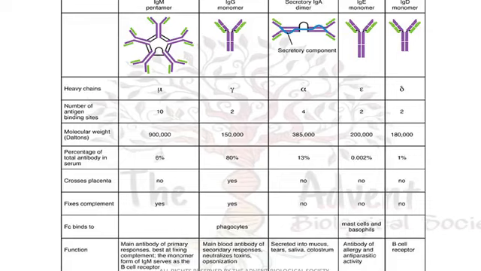So if you are asked how many CDRs are present in a single IgM molecule, you have to say the number is around 60. The options would be given in the form of 30, 40, 10. 10 would be there in an option, but the 10 is not correct actually, it's 60.